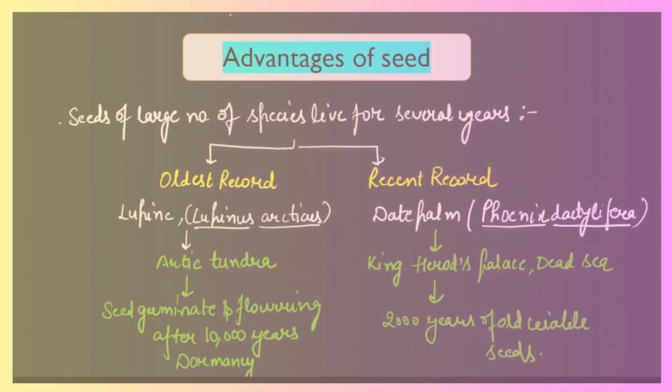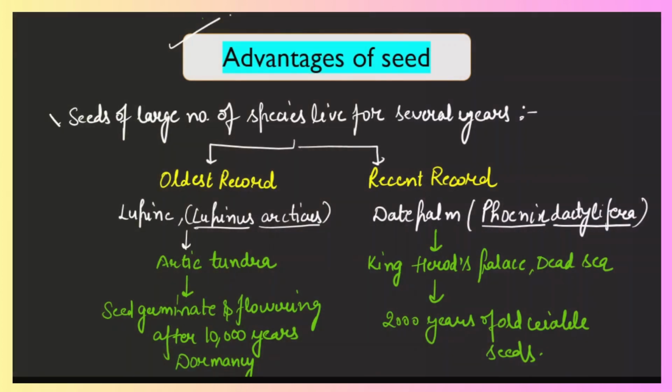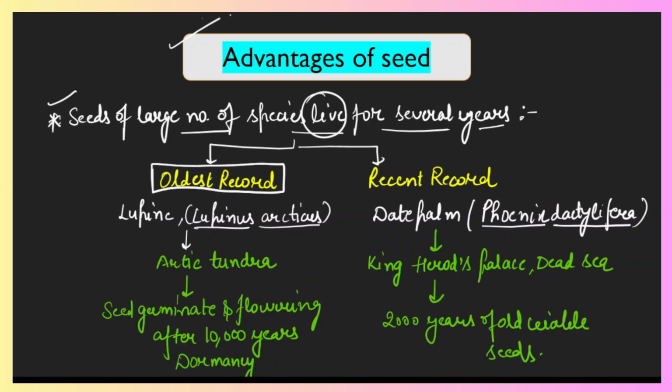Now, if we talk about the advantages of seeds, a very important advantage is that the seeds of a large number of species live for several years, and are used by many scientists. There are two examples, the oldest and the recent. In the oldest record, there is Lupinus arcticus.